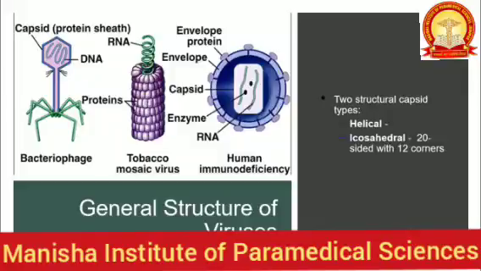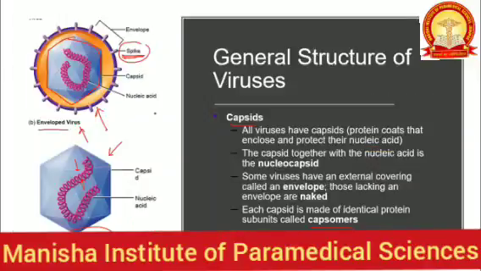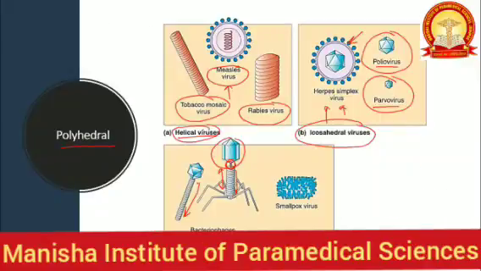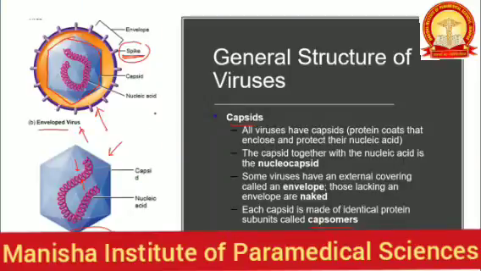Now there are two structural capsid types available, helical and icosahedral. If you look at the difference between the two, the helical is the tobacco mosaic virus, one example, and icosahedral is the one that we studied here, like the polio virus that we discussed earlier, herpes simplex virus, and parvovirus.